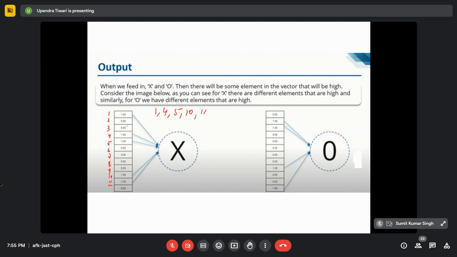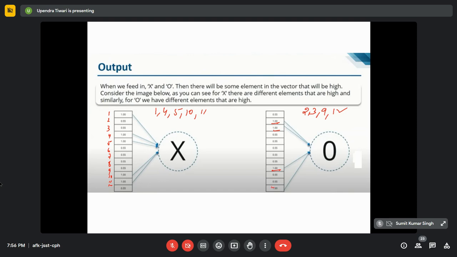In the same way, if I find out for the O, then I can say that this is at 2, 3, 9, and 12. You see, 9 and 12.